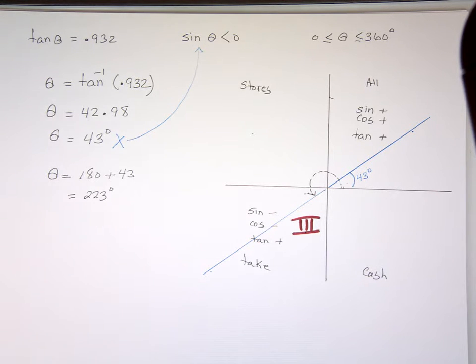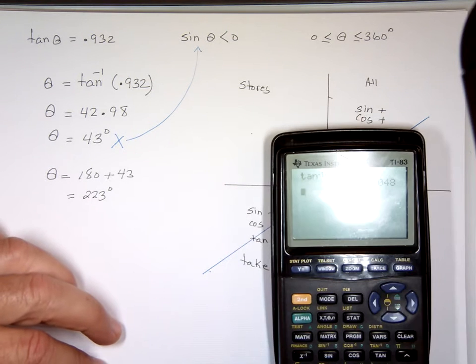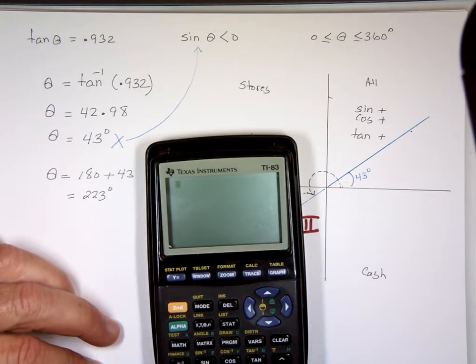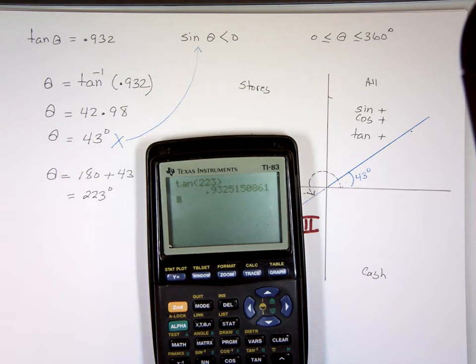Let's see if we are right. Is the tangent of 223 equal to that number? And is the sine negative? If it is, I'm happy. We got the right answer. So here we go. Tangent of 223 degrees is 0.9325. Yes, so that's okay.